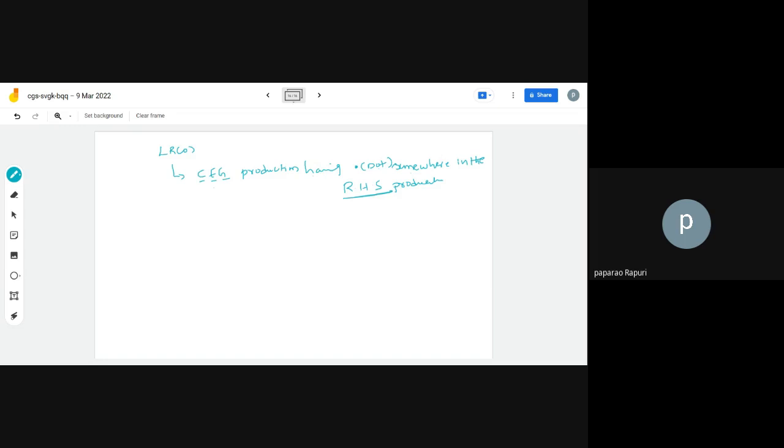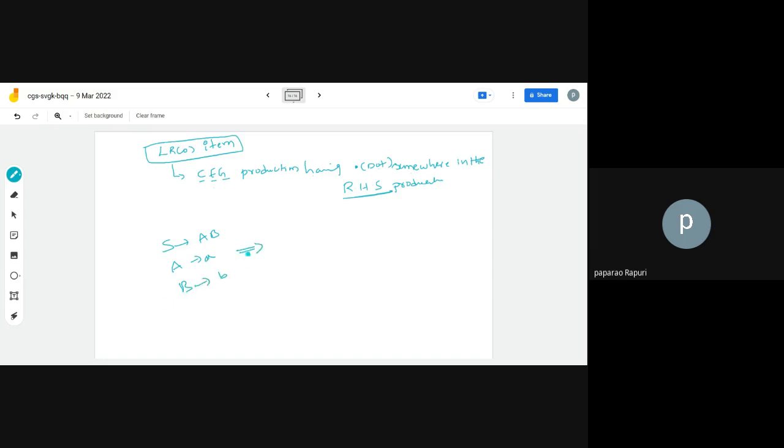Then we can call that an LR0 item. So LR0 item means, suppose you take any context-free grammar, suppose again I am taking this one, S derives AB, A derives small a and B derives small b.